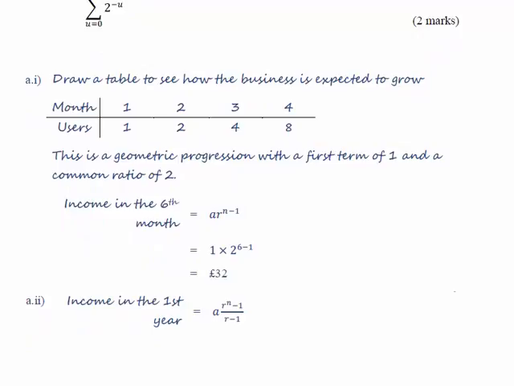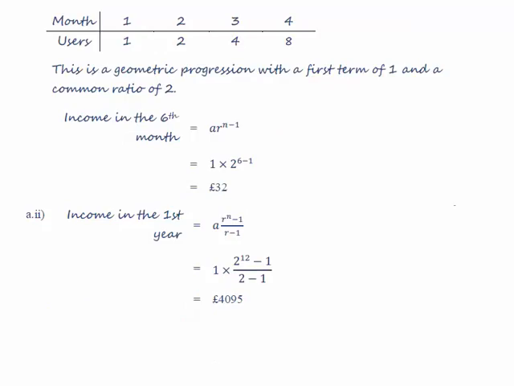So for the first year, it's a times r to the n minus 1 over r minus 1. n is going to be 12, r is 2, and a is 1. So that basically boils down to 2 to the 12 minus 1. 2 to the 12 is 4096, so 2 to the 12 minus 1 is 4095.